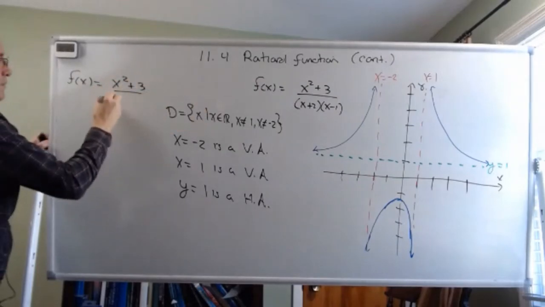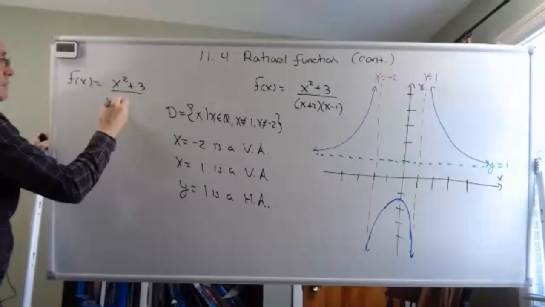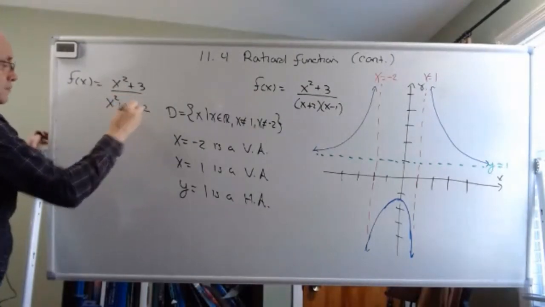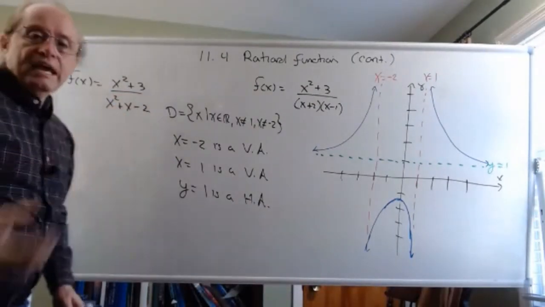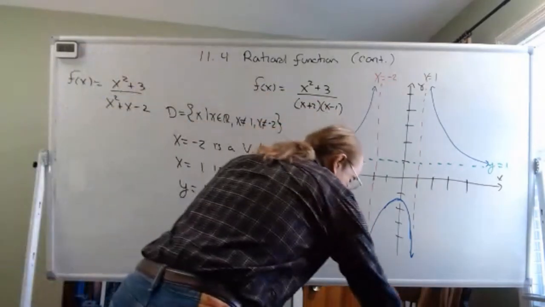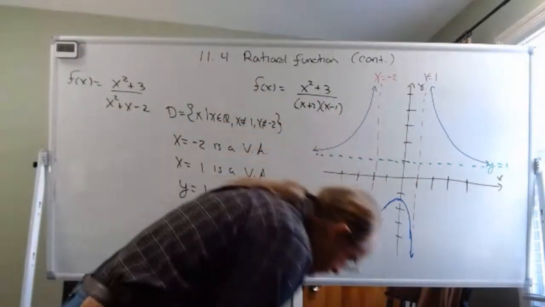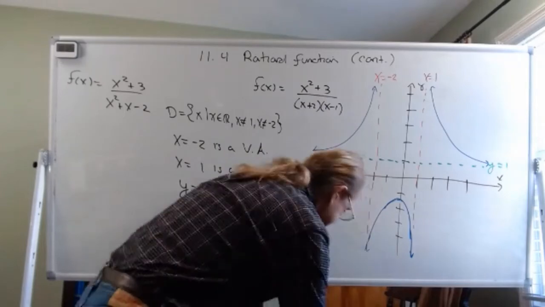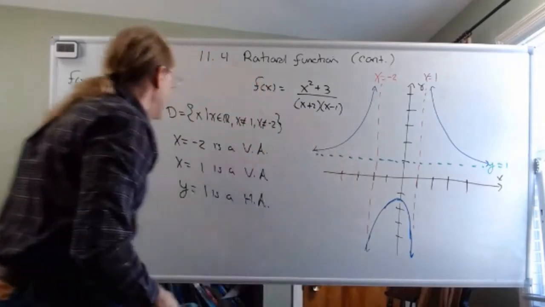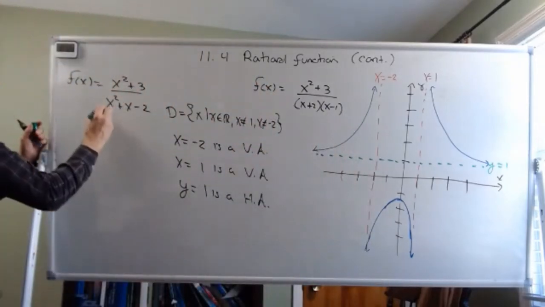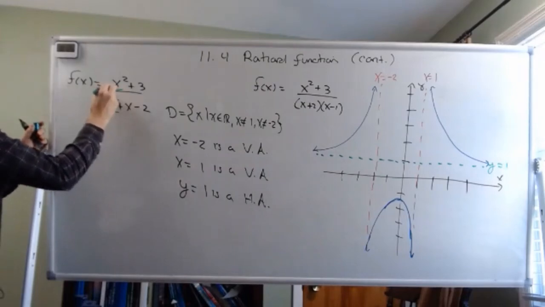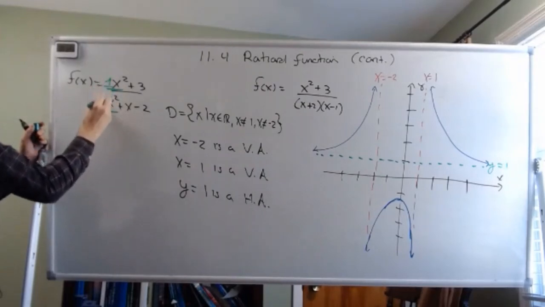When I distribute those, x squared plus x minus 2. When you compare things algebraically, you have to compare the same powers together. So I have to compare the x squared and the x squared and both of their coefficients.